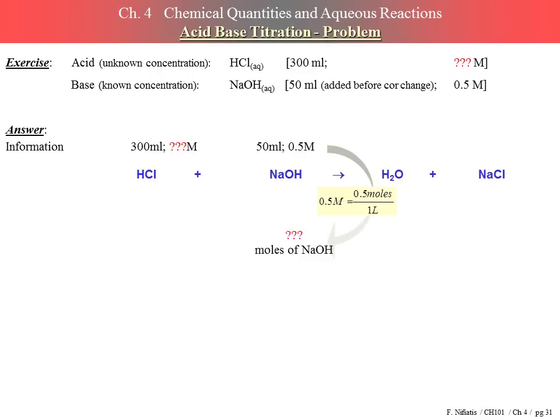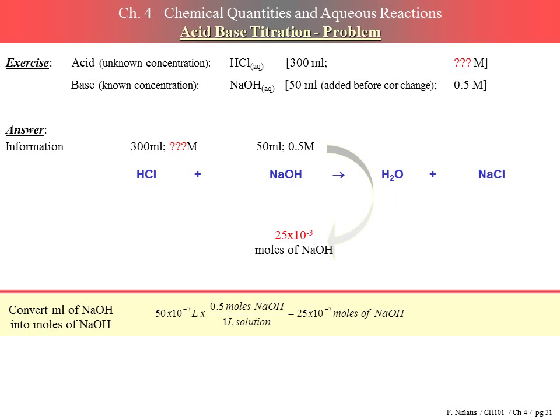Let's do it. The concentration here is half molar. That means per liter of solution, we don't have a liter, we didn't use a liter, but per liter of solution we have 0.5 moles of sodium hydroxide. So we are going to start with what we have, with 50 milliliters.